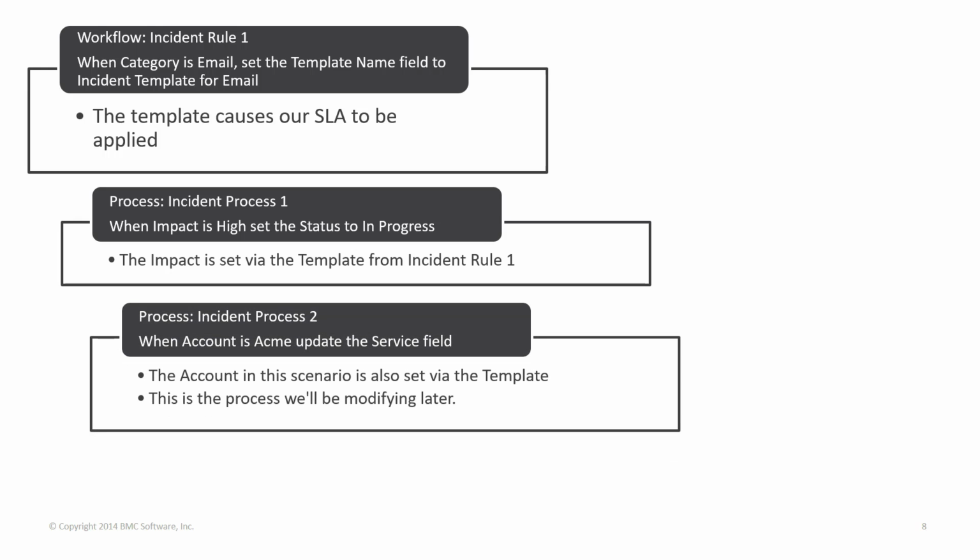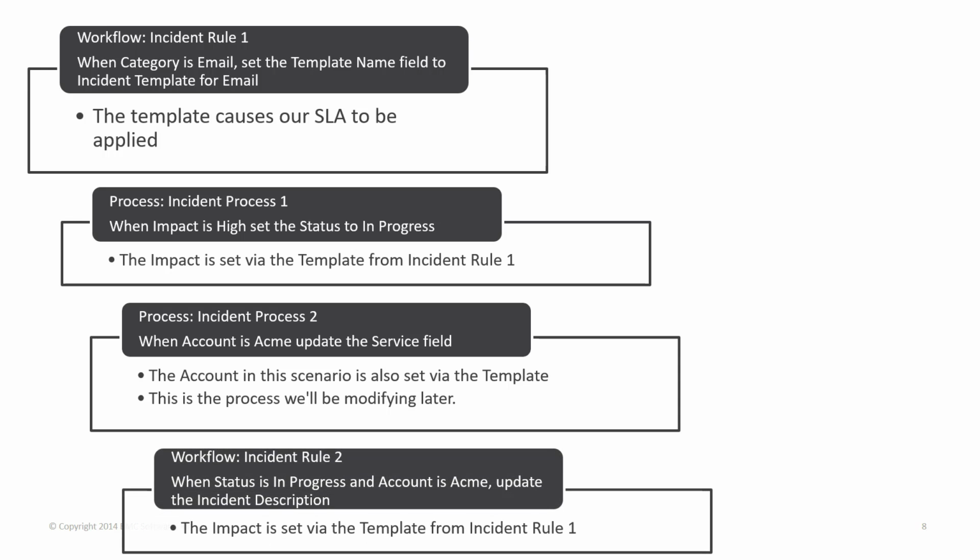The record's account is set to Acme, so the second process fires, setting the service field of the record. Finally, with the status set to in progress and the account set to Acme, we update the incident description. Each of these processes is causing additional SOQL calls to query the data. These together should cause us to get an error.